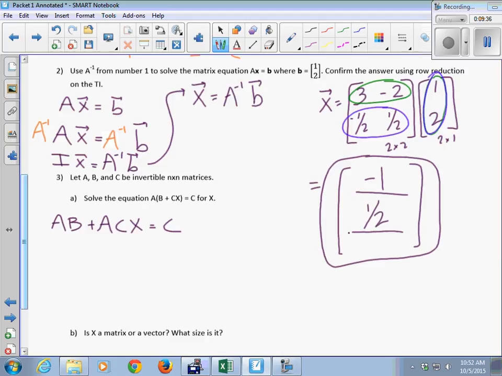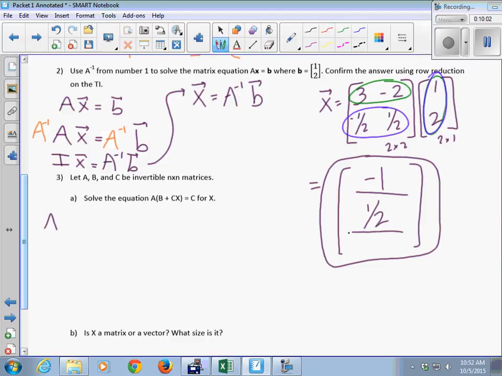Yeah, if they were just numbers, I might divide by A. You can't. It's not defined. But what we could do is multiply both sides by A inverse if you wanted to move that over, right? So maybe we can do that if we want to start there.